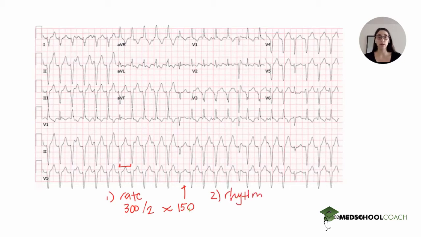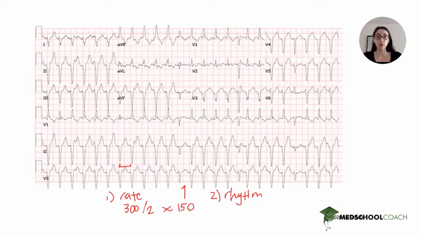So the things we're looking for here: is there a P wave before every QRS? Does the morphology of the P waves look normal? Does the morphology of the QRS look normal? And is the interval between the QRS complexes regular? So the intervals look fairly regular, but we're not really seeing a P wave before every QRS. In fact, we're barely seeing any P waves at all.